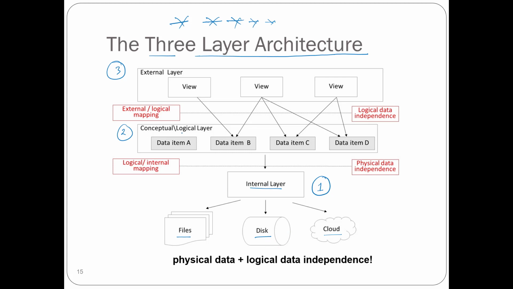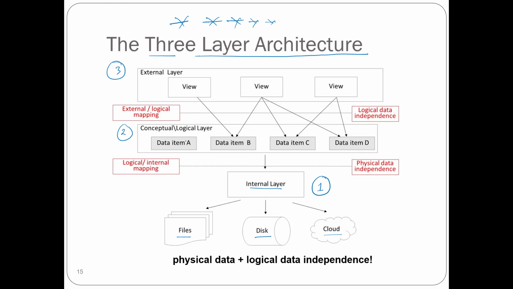And then you have the conceptual level. At the conceptual level, you are not worried about the internal details, like how the data is being stored. At the conceptual level, you think of data at a higher level of abstraction. As an example, if you are using a relational database, then you'll think about your data as being stored in different tables, right?